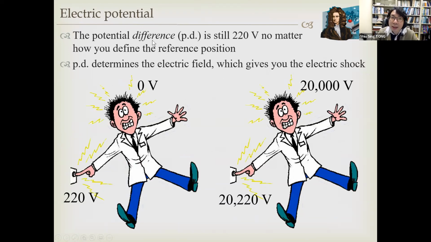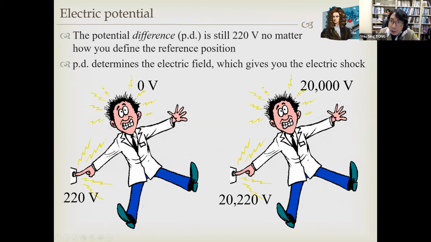Everybody knows that the electric potential of the main supply, the electricity supply that you access at home in Hong Kong, is 220 volts, right?